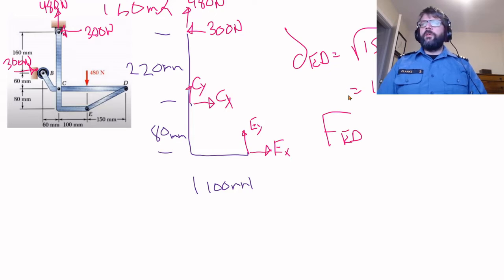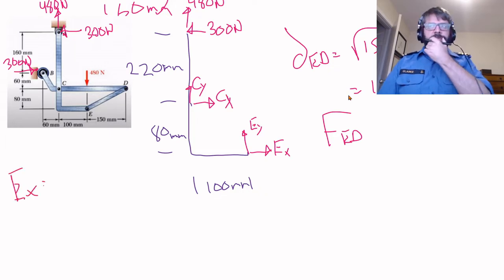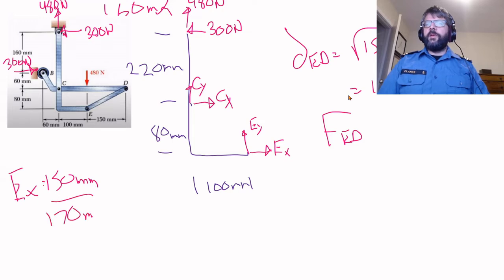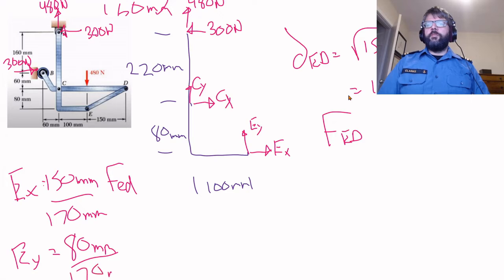Then we know that our EX is equal to 150 millimeters over 170 millimeters times FED, and then EY is equal to 80 millimeters over 170 millimeters times FED.